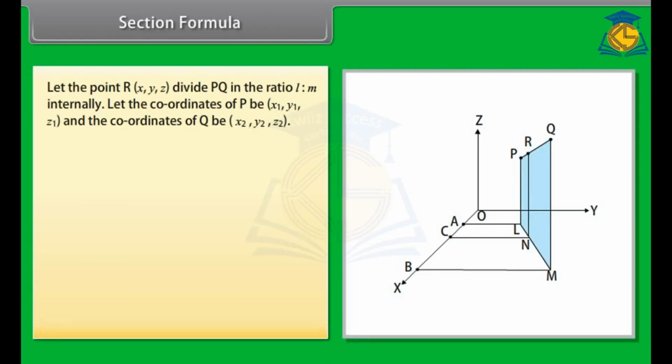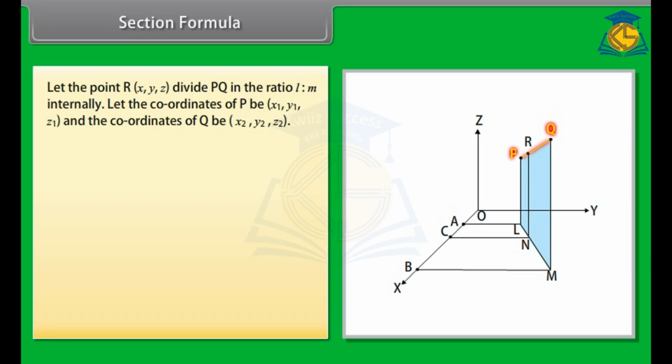Section formula. Let the point R(x, y, z) divide PQ in the ratio L:M internally. Let the coordinates of P be (x1, y1, z1) and the coordinates of Q be (x2, y2, z2).